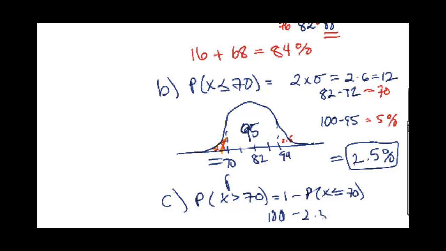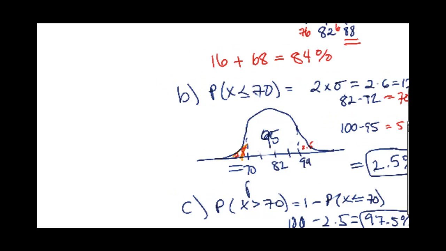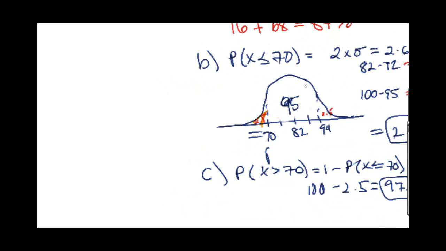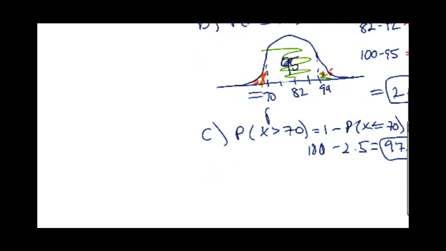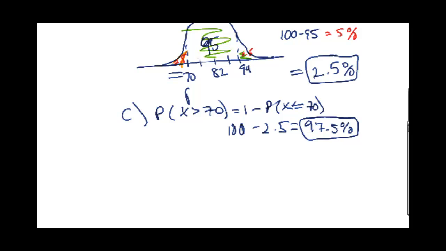We're doing percentages. And that's going to be 97.5. The other way you could have done it is just added the two parts here, the 95 and the 2.5. Try to understand it pictorially as well as logically.